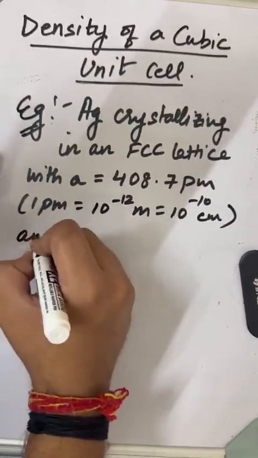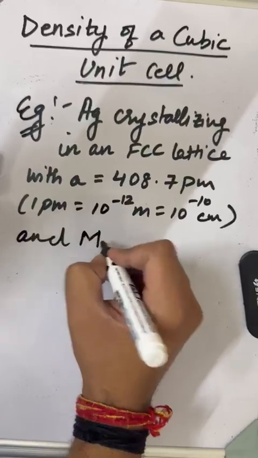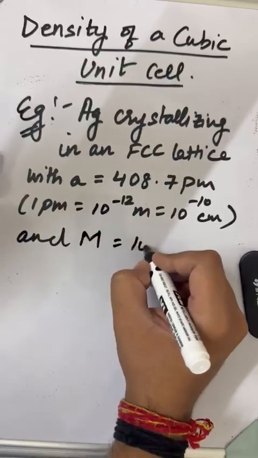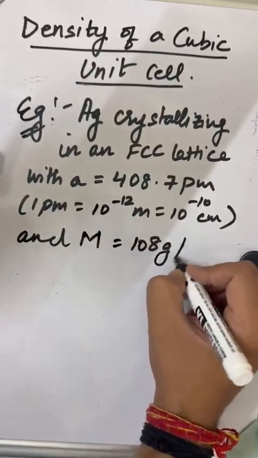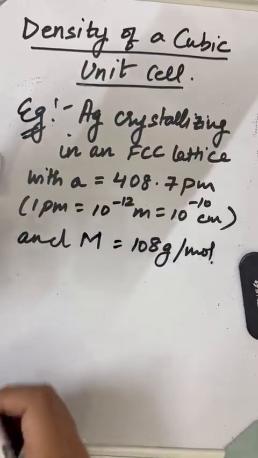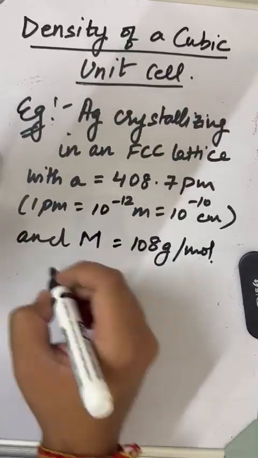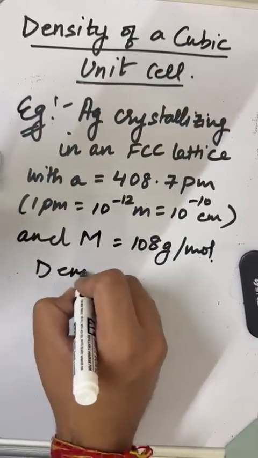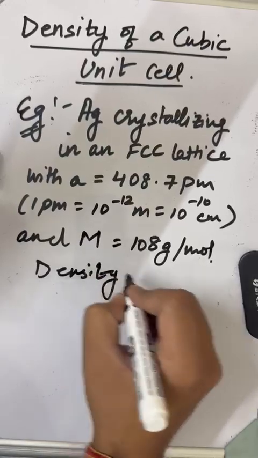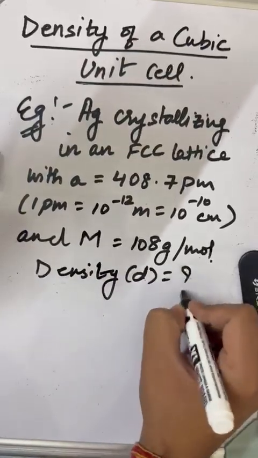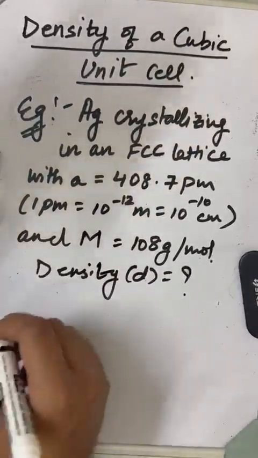And molar mass given as 108 grams per mole. You have to calculate the density.